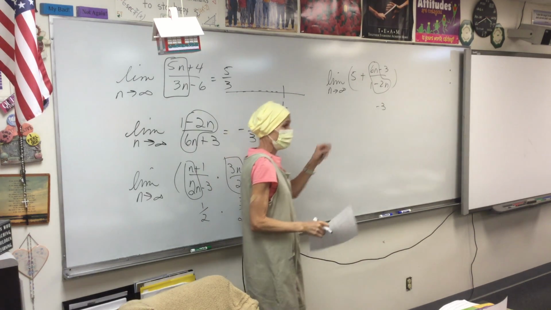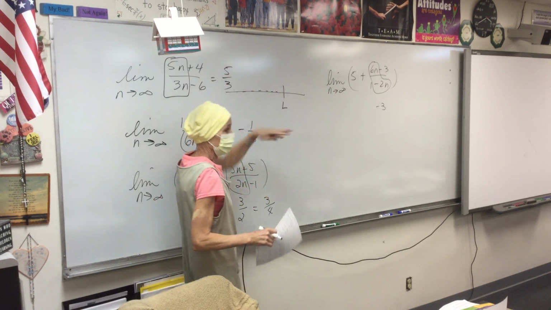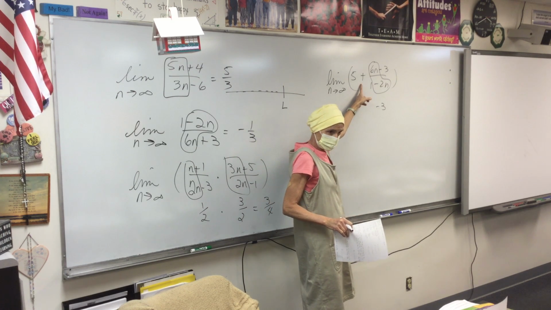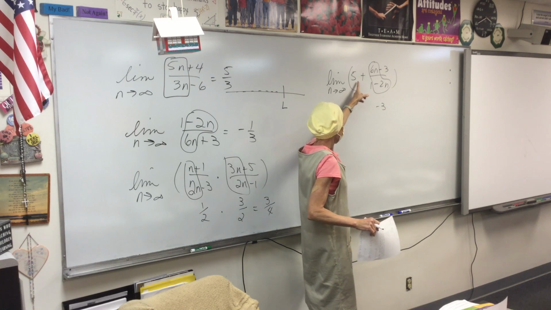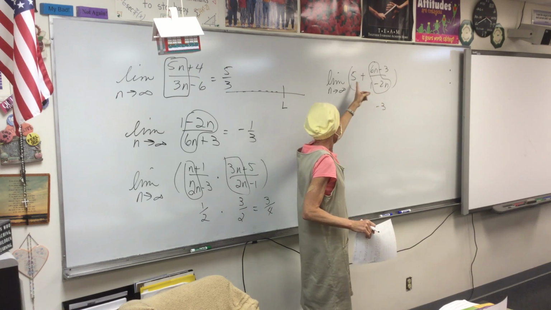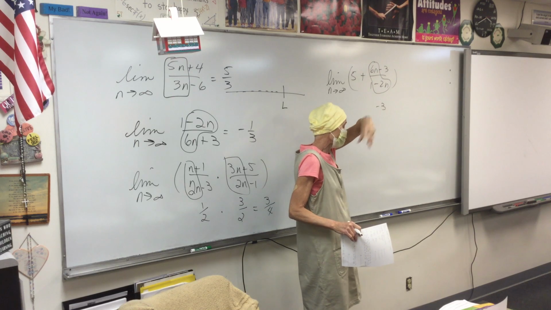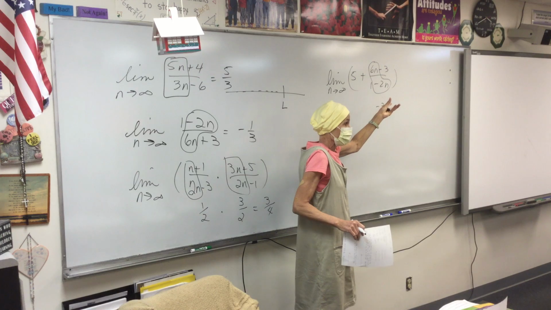Now, there are really 3 rules that we're going to talk about with limits. All these problems are one of them. But this is a different thing, because this doesn't even have any n's in it, right? If you thought of it as a sequence, this would be a sequence that's all 5s. It's just 5. So the limit of it is 5.